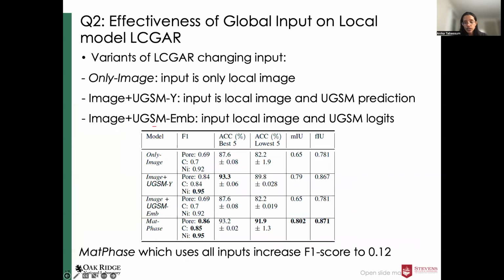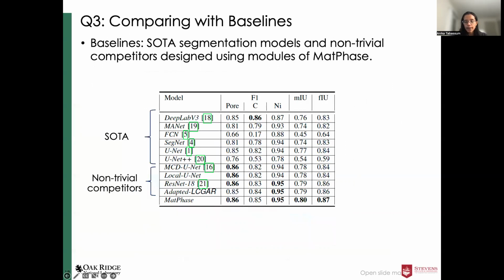Next, for answering question 2, we want to evaluate the importance of global model features for local modeling. And for that, we designed different variants of the local model by varying the input representations. And again, we see MatPhase outperforms all other variants. Now, the final question is we want to evaluate MatPhase against different baseline models.